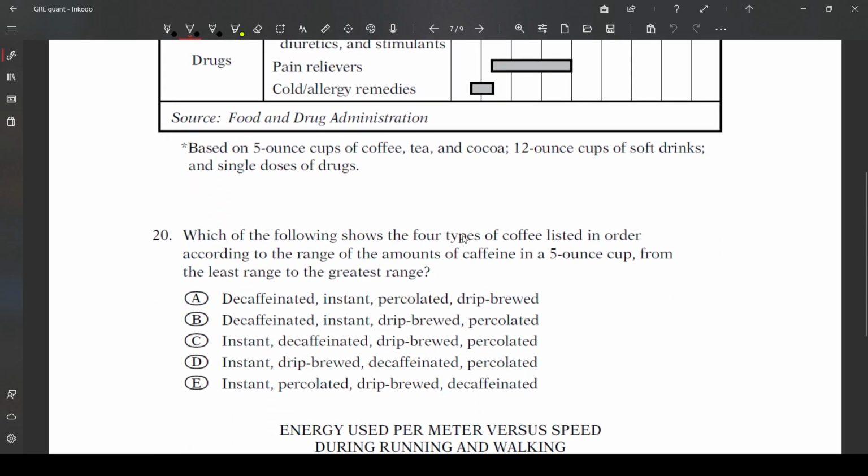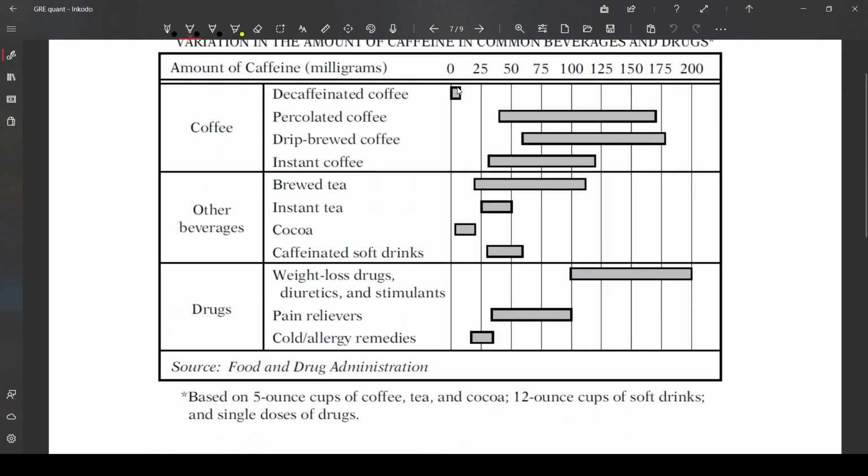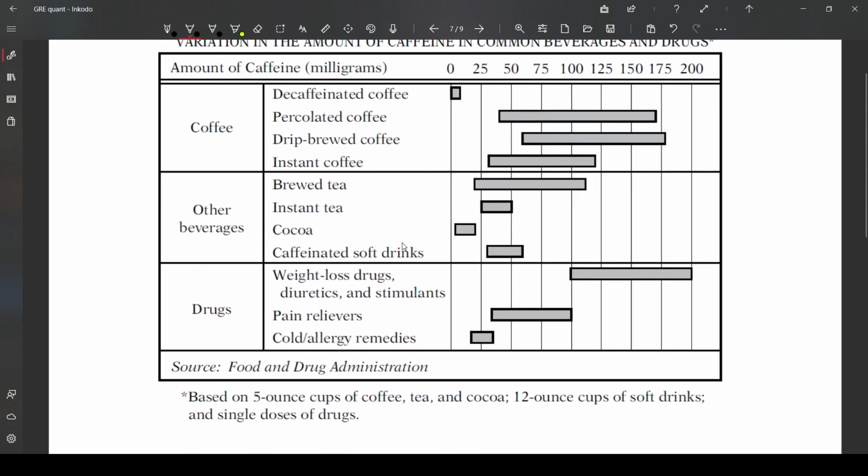Which of the following shows the four types according to the range from least range? Four types of coffee. So we're just looking at these. So obviously decaf coffee has the least range. So it's none of these. And the next biggest range would be instant, right?